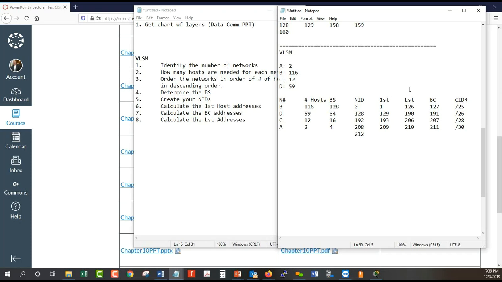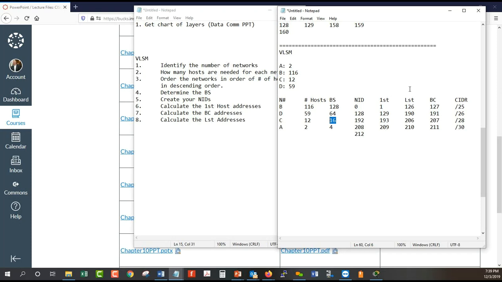In network D, it's a little closer. I needed 59, and I allocated 64, so there are 5 addresses that are not needed. In C, I needed 12. I gave it 16, so there were 4 extra addresses that may get wasted, but also it will provide room for growth. I can add additional workstations or devices to those networks.